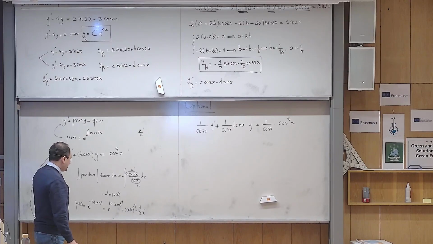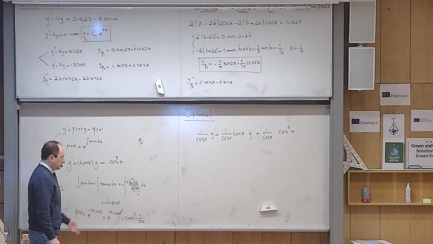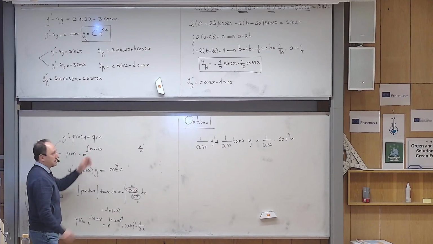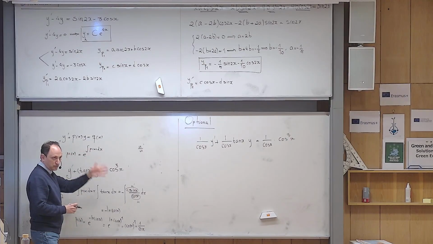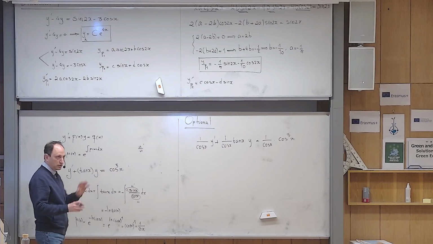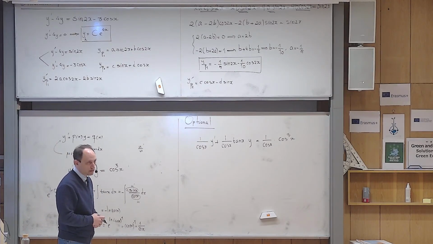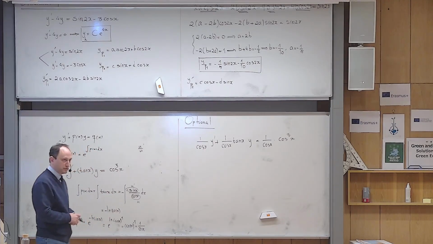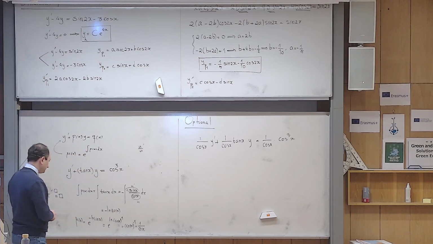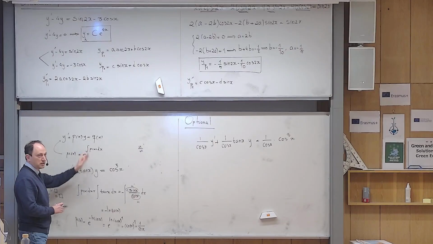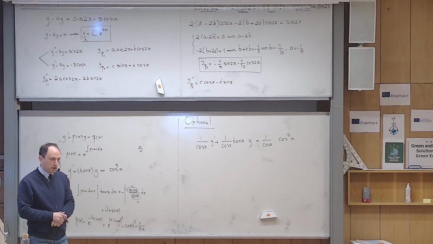But of course I didn't want to talk about these things at this level. Then you have to, because if they want you to ask, they have to give you an interval on which you want to solve. Then you can talk about if cosine is positive or negative, and then you can take this absolute value out. So I'm assuming that I am solving this on an interval on which cosine is positive.